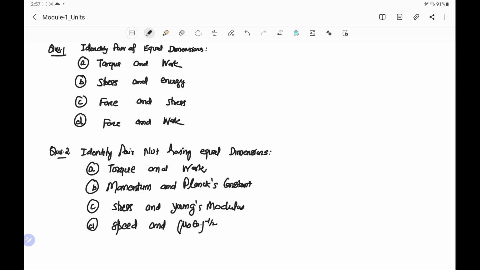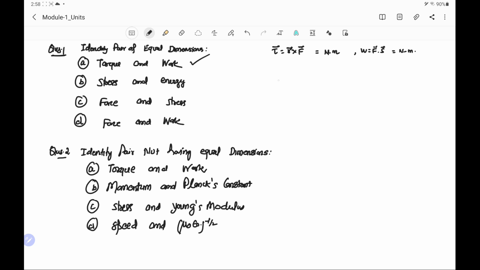First is torque and work. Torque is defined as r cross F. This is the formula of torque which we will discuss in rotational motion. From this formula we can say its unit is Newton meter. And work is W equal to F dot s, so its unit is also Newton meter. That means it has the same dimension.